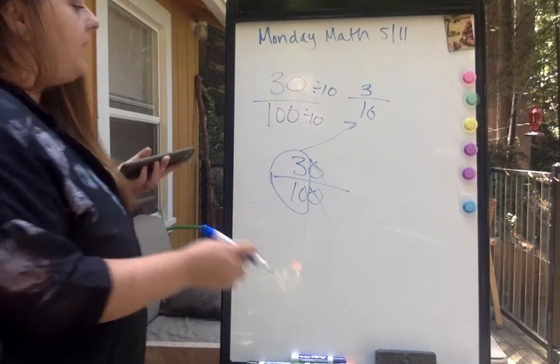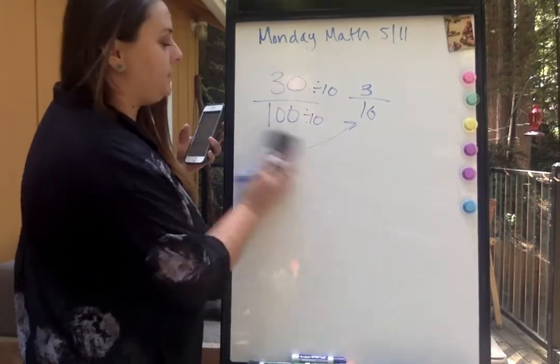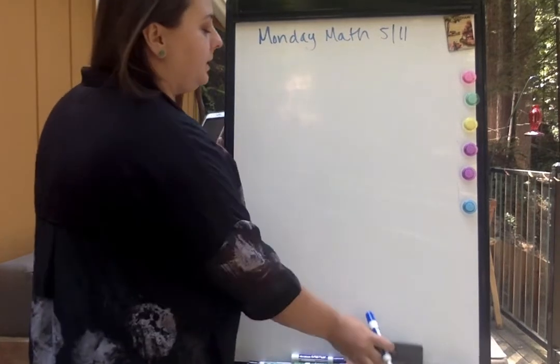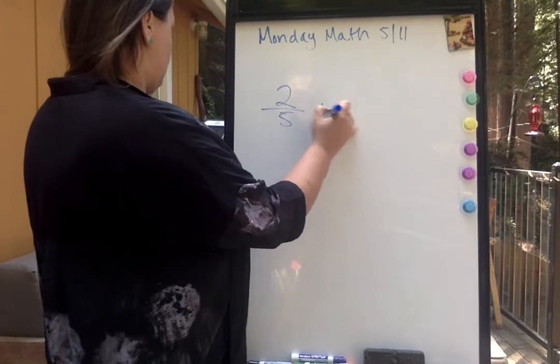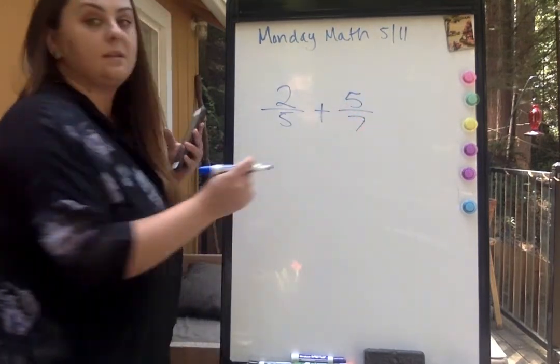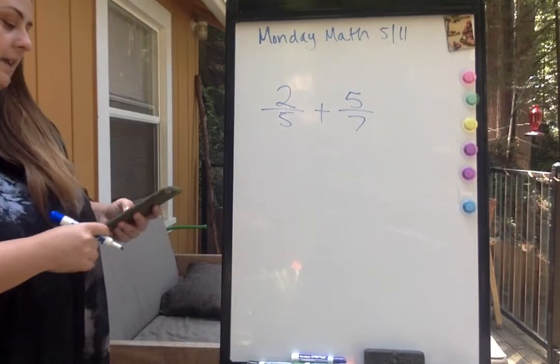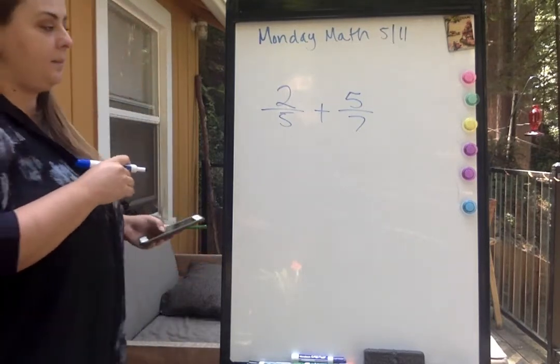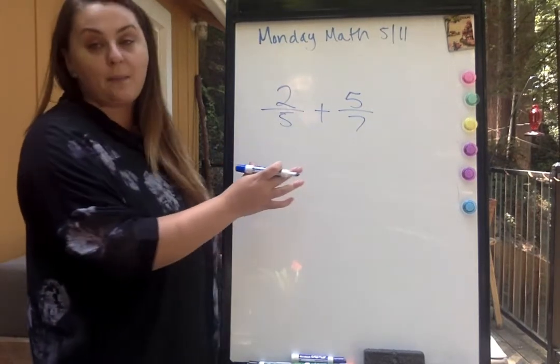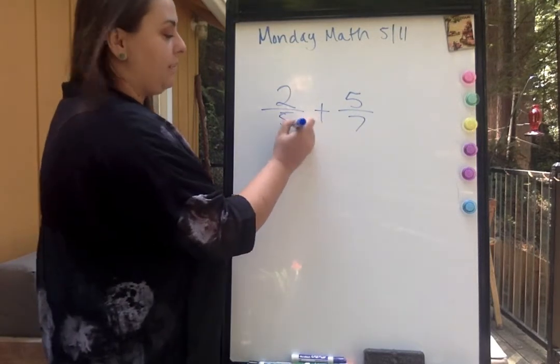Now we're going to find the sum of 2 fractions. And sum means addition. So 2/5 plus 5/7. And you're going to have to find a common denominator. And the easiest way to find common denominators with 5 is just to multiply it by the reciprocal, meaning multiply these by each other.